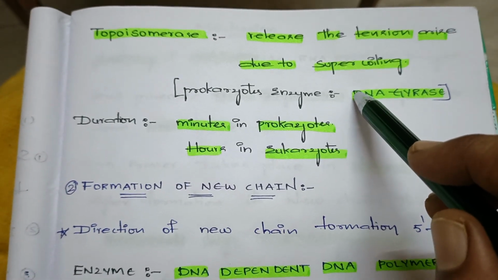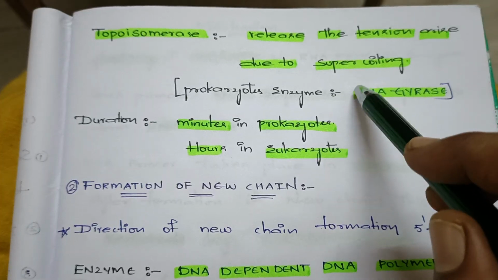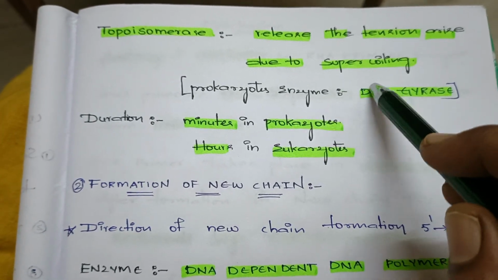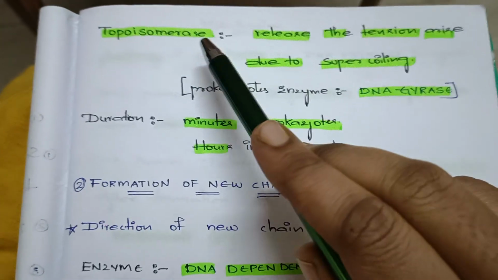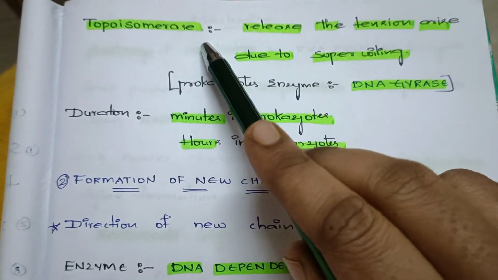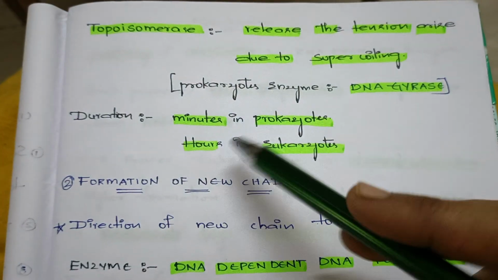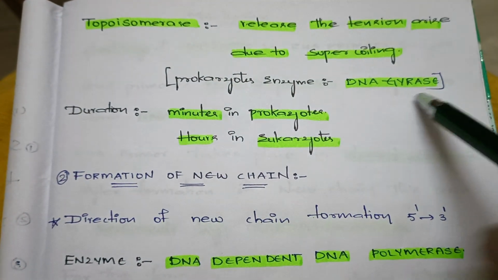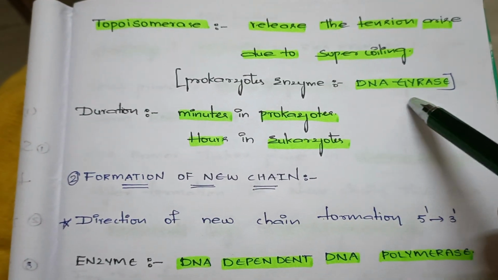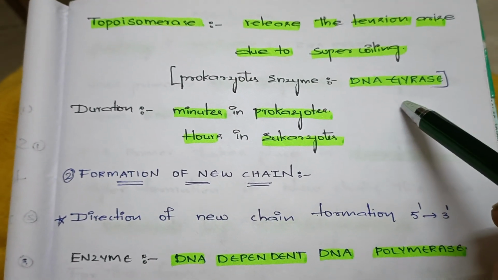That supercoiling is released by the topoisomerase enzyme, which is present in eukaryotes. What about prokaryotes? DNA gyrase. DNA gyrase does the same work in prokaryotes.